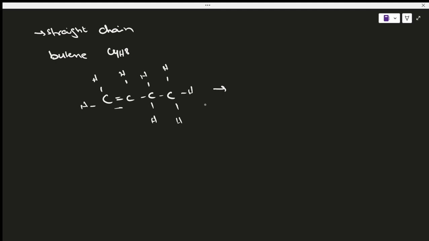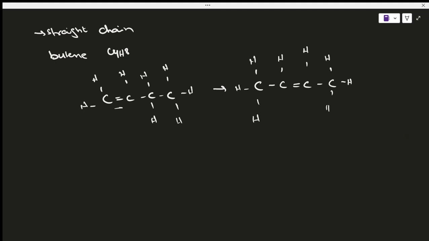So if I were to draw it like this, and I think I also explained this in one of the previous videos. So this is 1, 2, 3 and 4. Okay, so here now what I told you guys, we start counting from the carbon where the double bond is closest.